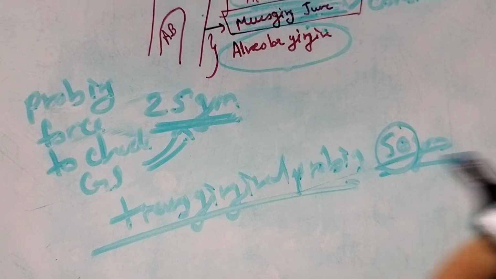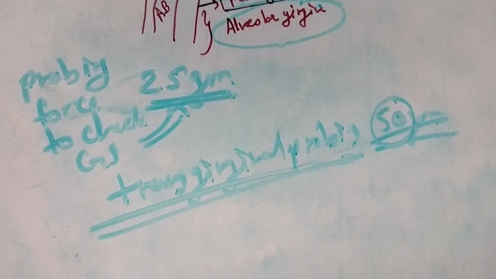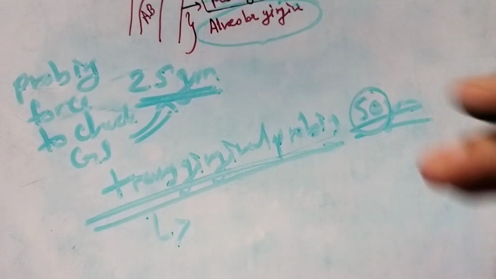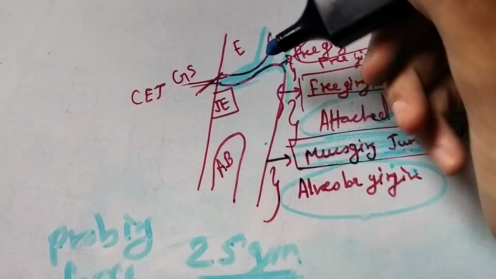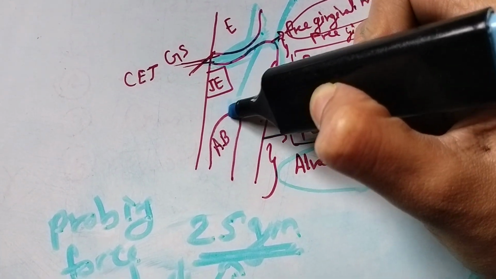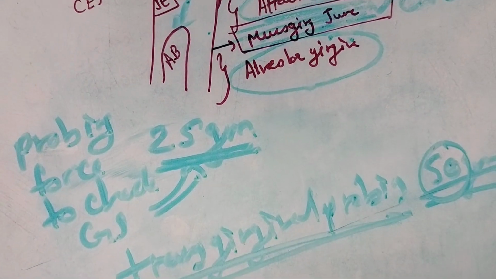So what is the transgingival probing? It is probing till the alveolar crest. We have to probe forcefully till the alveolar crest.